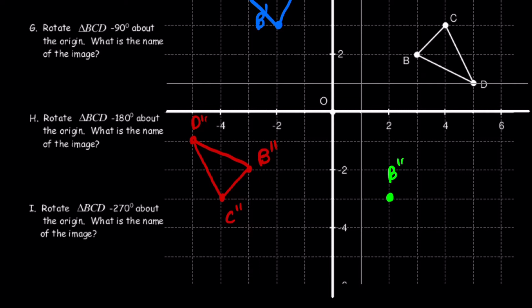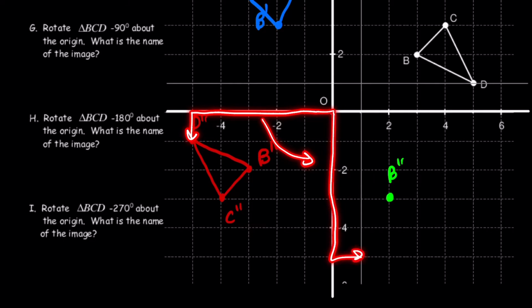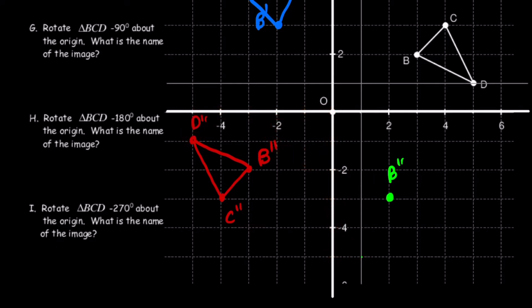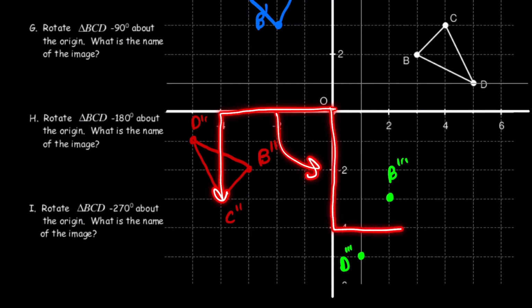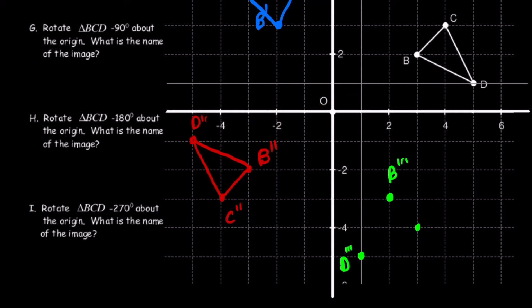D double prime, or D triple prime, I should say, over 5 down 1, rotate at 90 is down 5 over 1. So that'd be D triple prime, add triple prime there. And then C over 4 down 3 becomes down 4 over 3. So it goes right there. C triple prime.